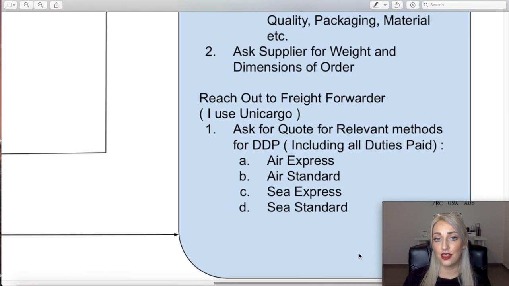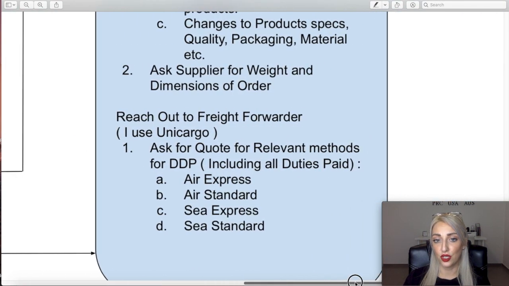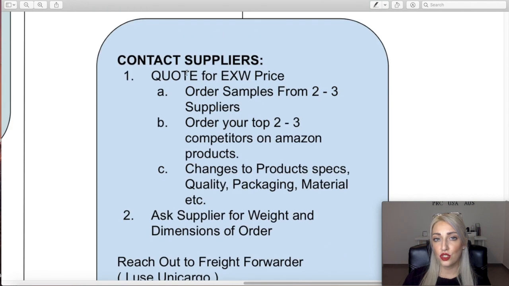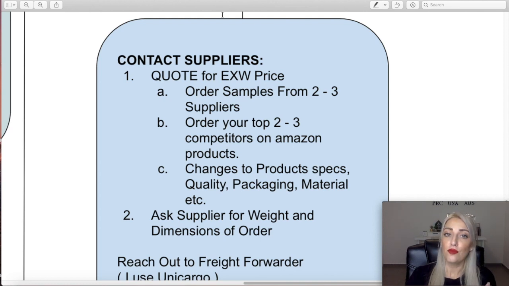If yes, then we go to the contact suppliers stage. The first thing you want to do is get a quote for the EXW price. I do not ask for DDP price ever, because I have my own shipping company and freight forwarders that I use. So I only ask for the EXW price.